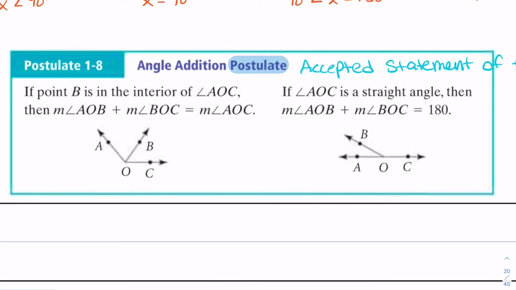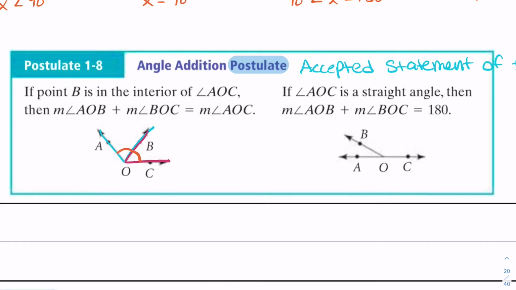If point B is in the interior of AOC, here's point B, then the measure of AOB, this one, plus the measure of angle BOC is equal to the measure of AOC. All this is saying is part plus part equals whole.